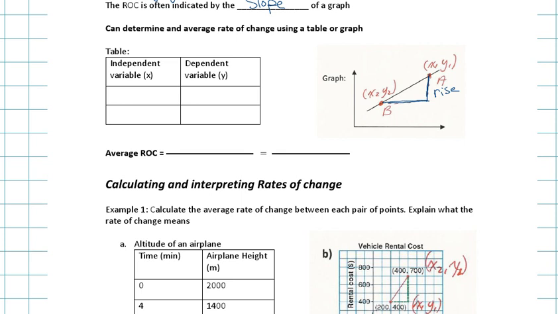If you don't have a graph, you should have 2 points, x1, y1, x2, y2. I'm just going to refer to this as point A, and this is your point B.